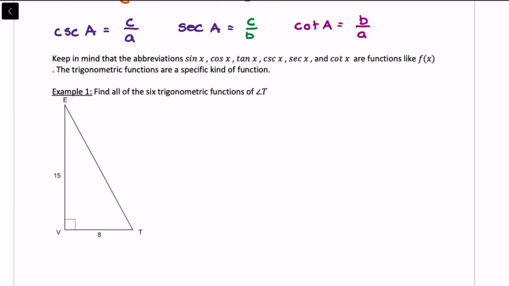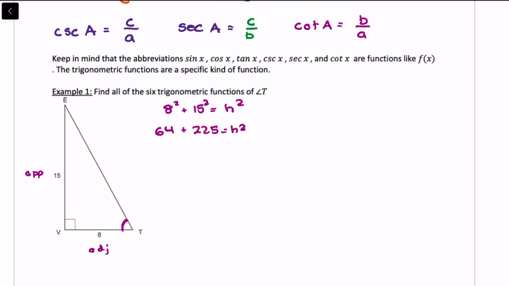Okay, so we're standing right here at angle T. Opposite and adjacent are really easy to see, but we're missing a side. So the first thing we need to do is figure out what that hypotenuse is. So we're going to square 8. 8 squared is 64. 15 squared is 225.